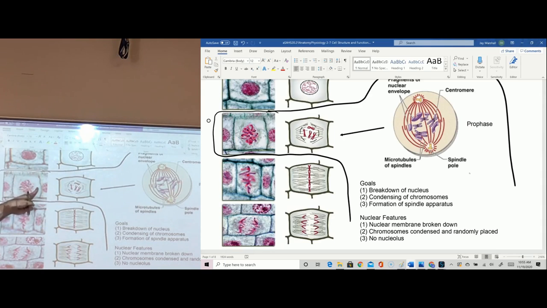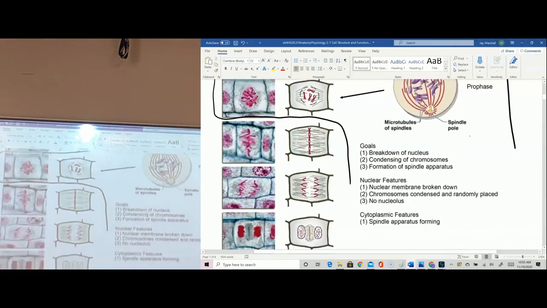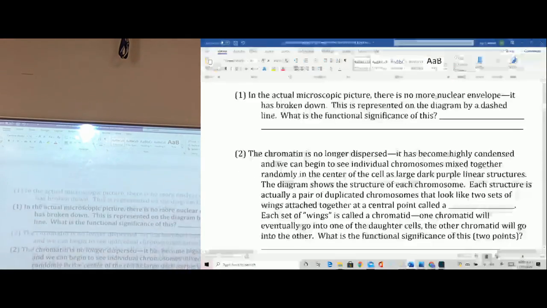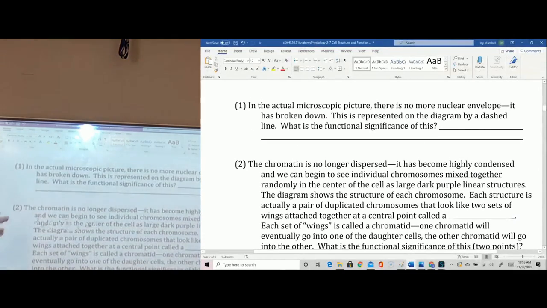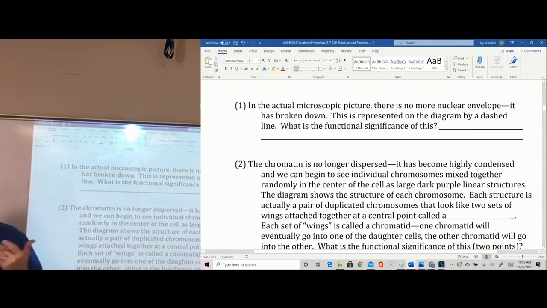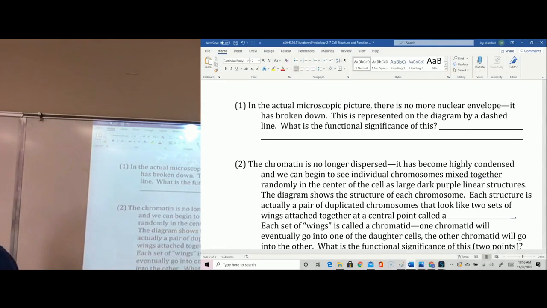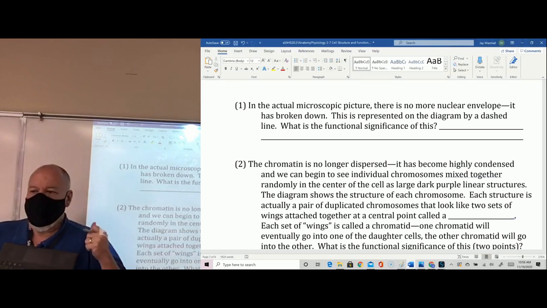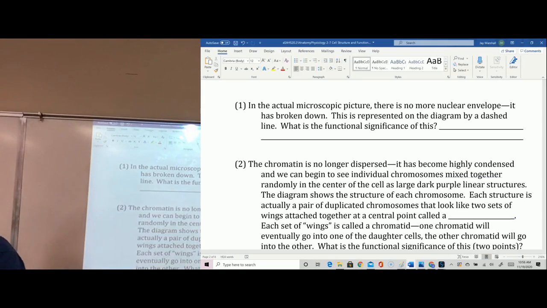Okay? My nuclear membrane is gone. Okay? This is represented on the diagram by a dashed line. What's the functional significance of the loss of the nuclear membrane? Why do I have to get rid of the nuclear membrane in order for me to be able to separate my duplicated chromosomes?